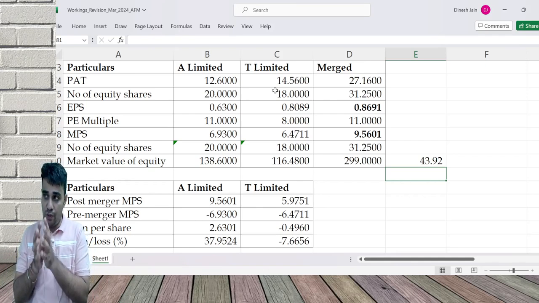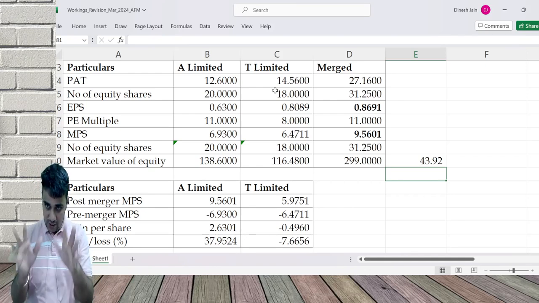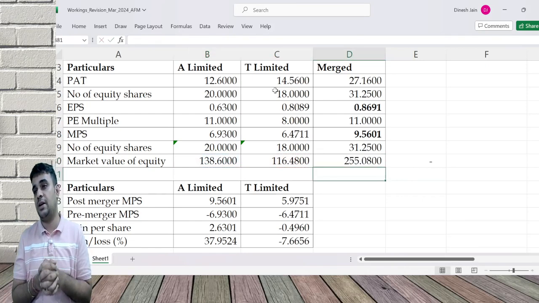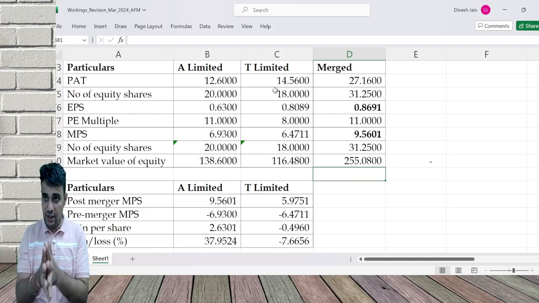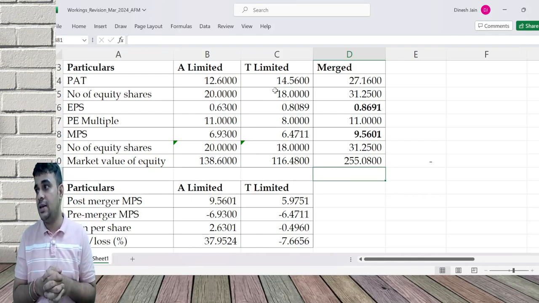Now, the original shareholder calculation assumes the merger passes through, and instead of this, it becomes 138 plus 116. That is, in the merger, the synergy gain does not even come, which is possible.